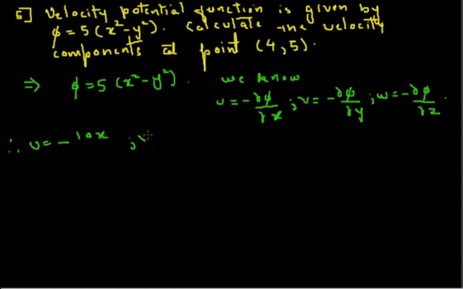Also, v is minus del phi by del y; differentiating phi with respect to y, we would get 10y, and w as 0. It means that this flow is a two-dimensional flow.